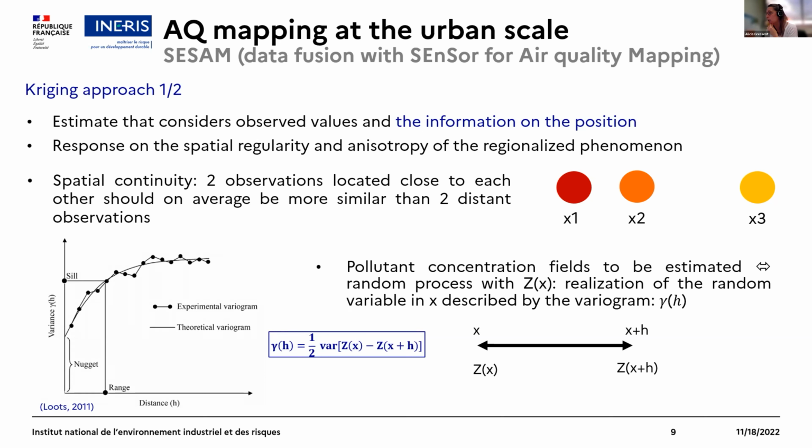This is described by a variogram, which is the semi-variance of the increments depending on the distance between the two points. Here on the left you can see an example of a variogram, defined by the nugget effect, the sill and the range, depending on the distance between the pair of points.